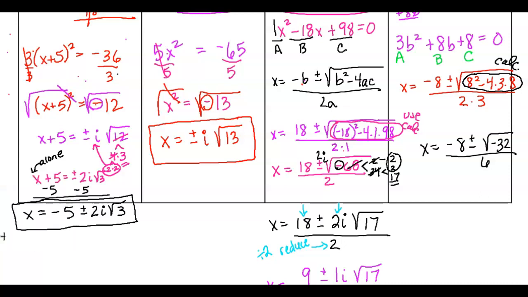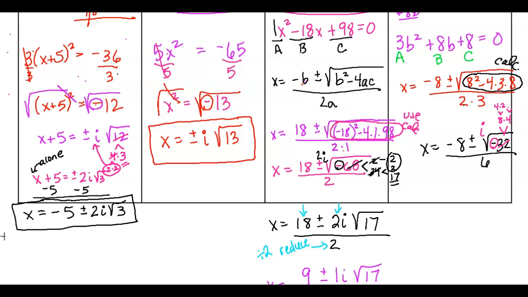So 2 things. Since this is a negative under the root, we can take it out with an i, and then I need to break down 32. So let's do that down here. So 32 is 8 times 4, and then 8 is 4 times 2, and 4 is, you know what?